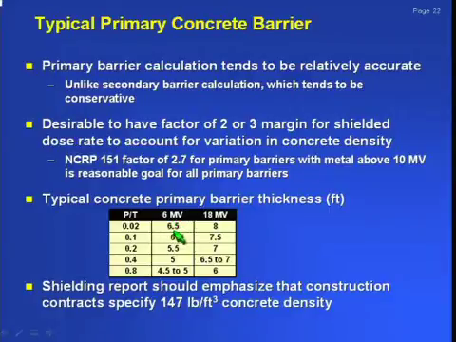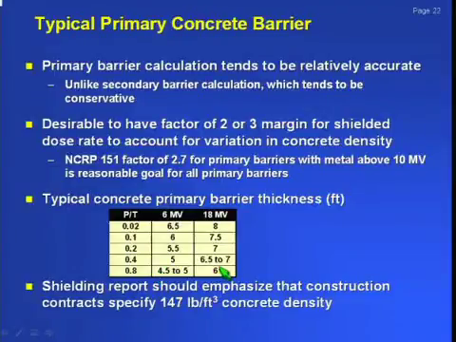It'll take about a 6.5-foot barrier for a 6. At that point, as soon as your occupancy goes down or it becomes a controlled area, obviously your requirements go down, so you can get by with slightly less for an 18 on a primary into your controlled areas.